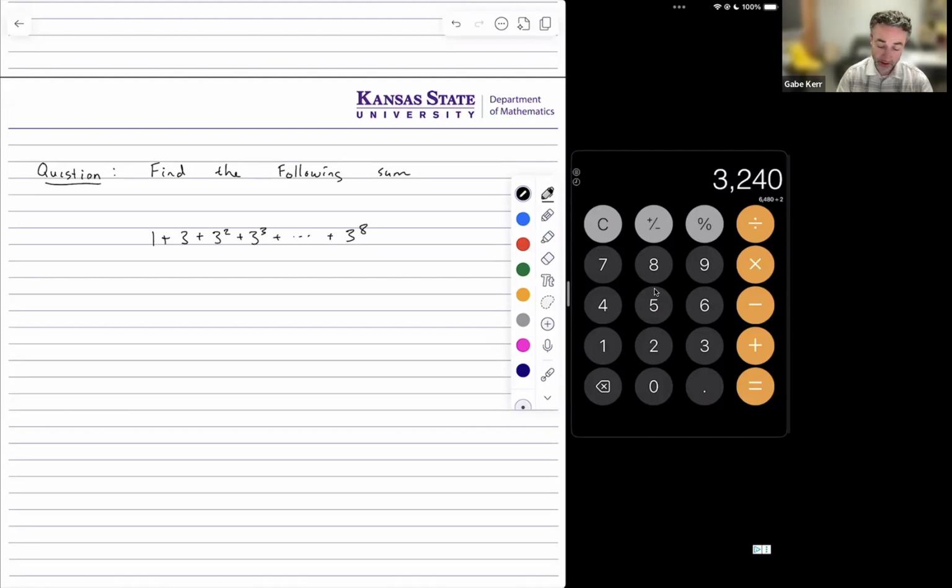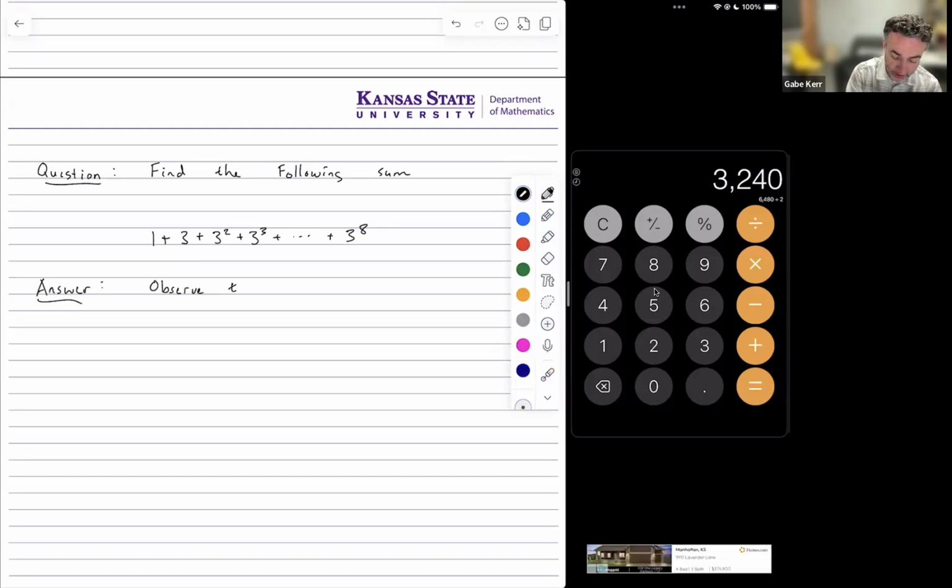Okay, so now what do we recognize about this? Well, the summands 1, 3, 3 squared, 3 cubed, on and on, those are in a geometric sequence. So let's just make that observation. So answer: observe that 1, 3, 3 squared, on and on, this is a geometric sequence.